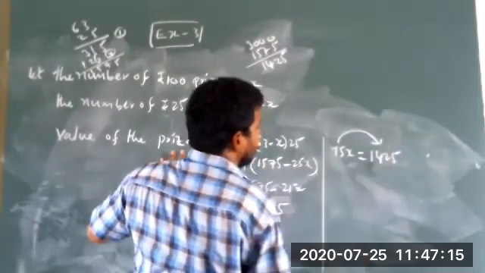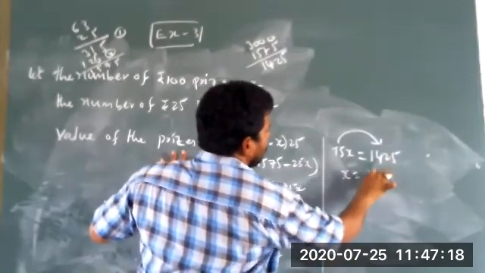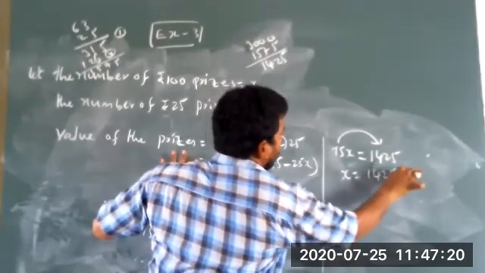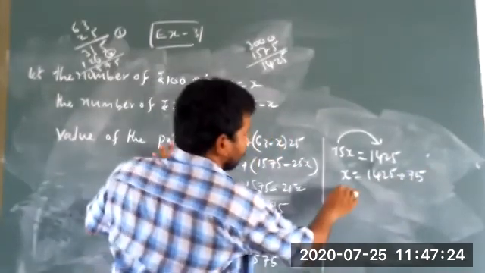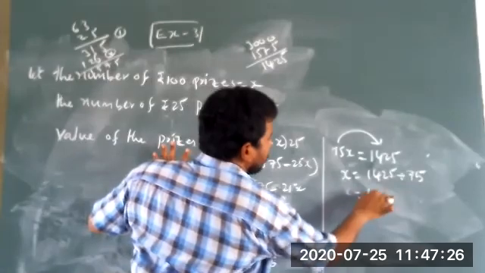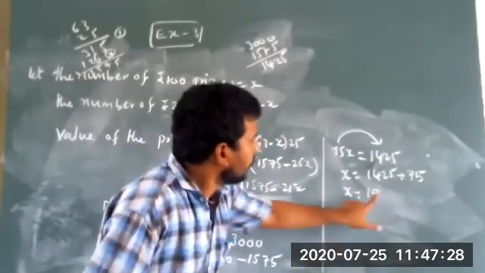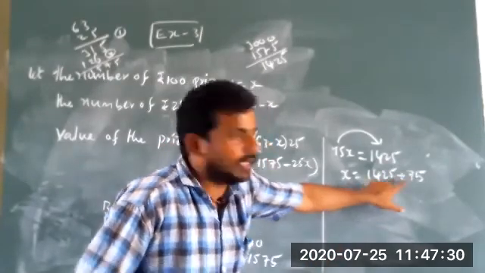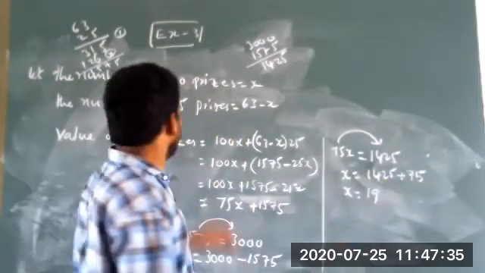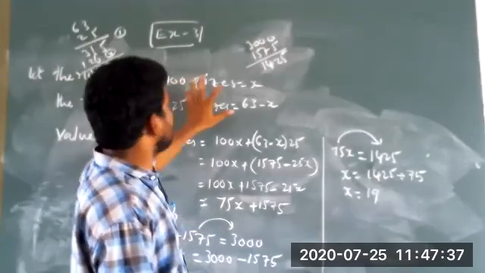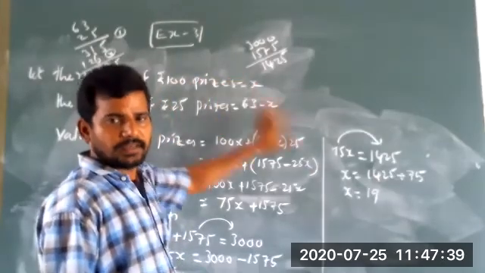The 75 is sent to the RHS. So x is equal to 1425 divided by 75. How much do we get? 19. So the number of 100 rupees prizes is equal to x, that means 19.